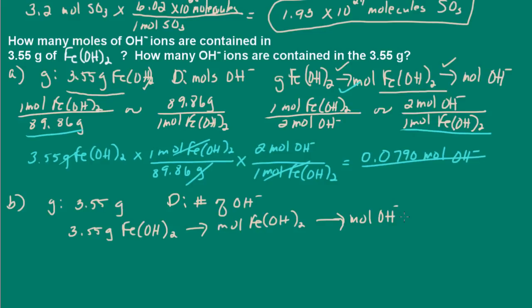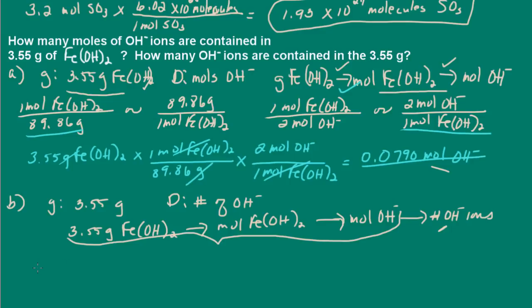And then finally, if we know the number of moles of hydroxide ion, we can determine the number of hydroxide ions. We've already done all of this in part 1. So all we need to do now is determine an equivalence and a conversion factor to go from moles of hydroxide ion to number of hydroxide ions.